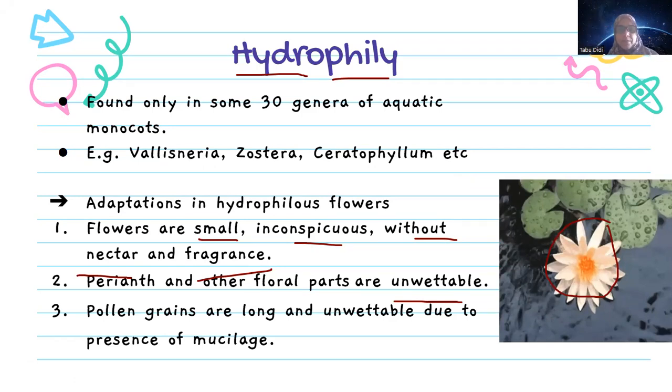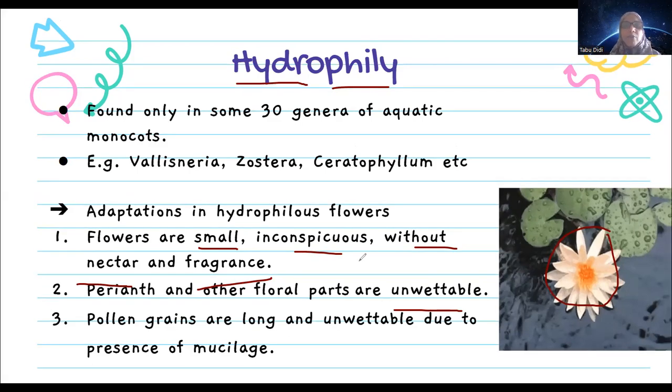That is what we mean by perianth and other floral parts not being submerged inside the water. Here the pollen grains are long and they are unwettable, due to the presence of some sticky substances on them. Though pollination is happening in water, in the aquatic system, the flower has adapted in such a way that it takes care of getting wet and absorbing moisture.